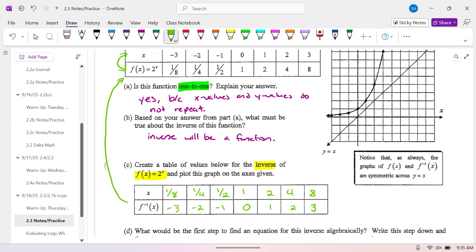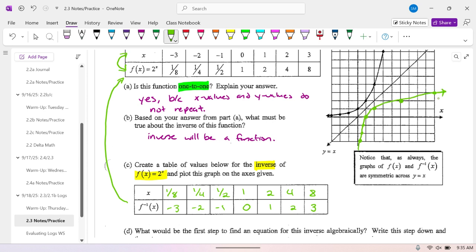Now we're going to plot these points on the graph next to it. So we're going to graph it on the same graph as the exponential function. So I have 1/8, -3, and just get as close as you can. Doesn't have to be perfect. 1/4, -2, 1/2, -1, 1, 0, 2, 1, 4, 2, and 8, 3.